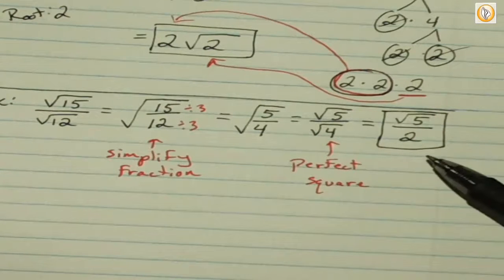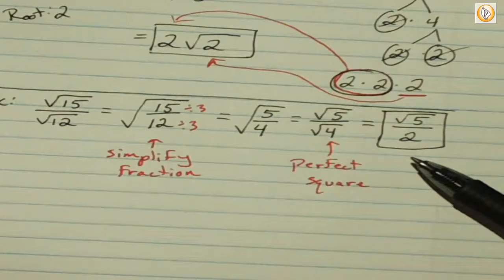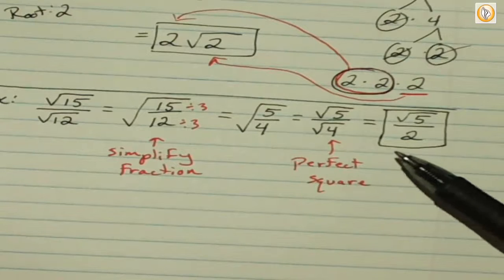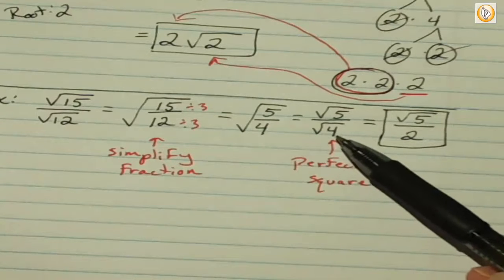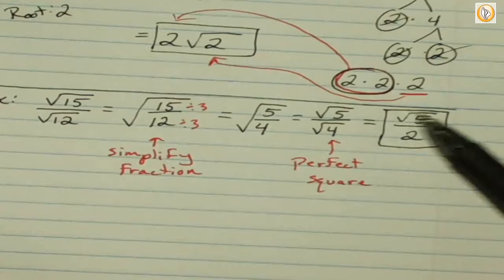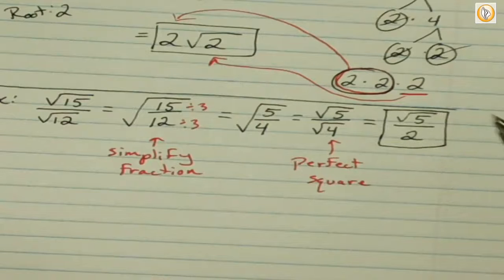So we don't have to do like the other. There's nothing else you have to do, because the square root of 4 is 2. We have simplified this as much as we can.